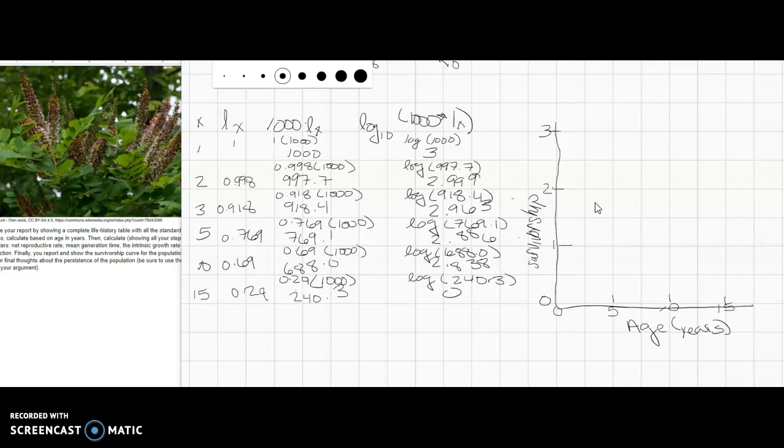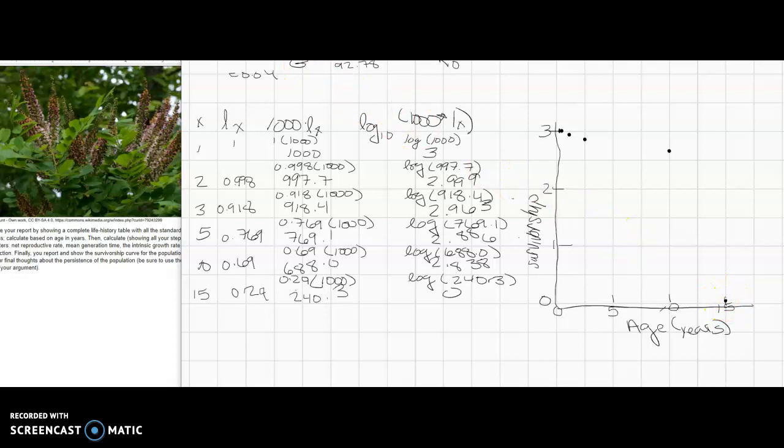So at 1, we have 3. And then at 2, we have 2.99. So that's basically right there next to it. And then at 3, we have 2.963. At 5, we have 2.886. And then at 10, we have 2.883. And then at 15, we've got 0.